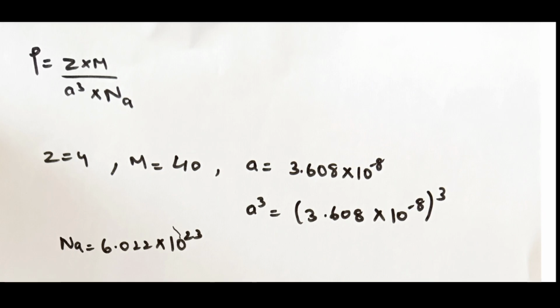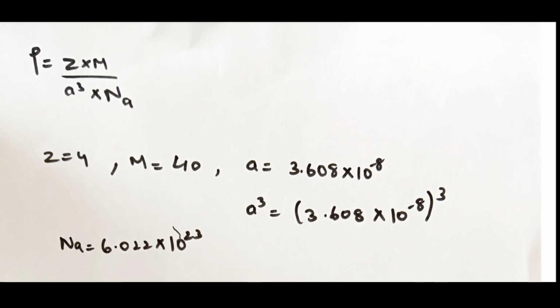The solution for the given question: density is equal to Z into M by a cube into Avogadro's number. We know that Z is number of particles per unit cell in FCC, it's 4. And M is mass. Mass of calcium is 40. We know that very well, from 8th standard we are studying that. And what's a cube? a cube is volume of unit cell or volume of cube, where a is equal to edge length.